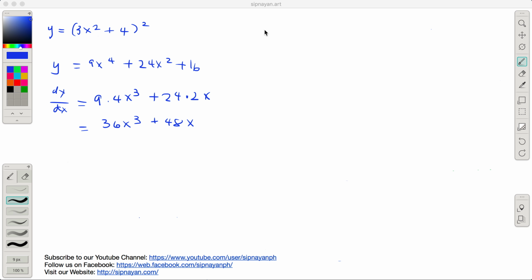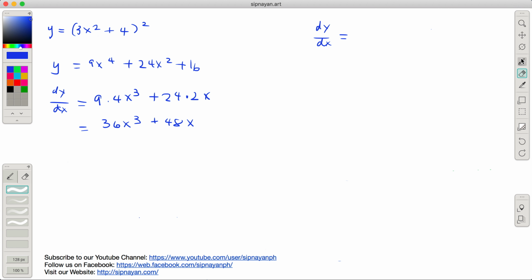Yan yung tanong natin. So, pwede ba nating sabing dy dx is equal to, bababa natin to dito, multiply natin siya doon sa original na expression. And then, babawasan natin ng isa to. Pwede ba yun? (3x squared plus 4) to the first power.